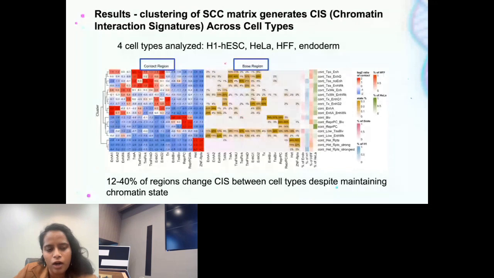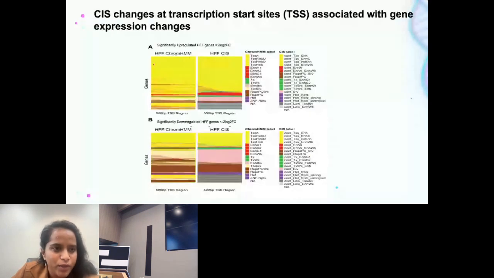What we observed is that about 12 to 40% of these regions change in cis between each of the cell types, but they did maintain the same chromatin states. The cis changes at transcription start sites are associated with gene expression. Figure A shows the significantly upregulated HFF genes, and figure B shows significantly downregulated HFF genes.